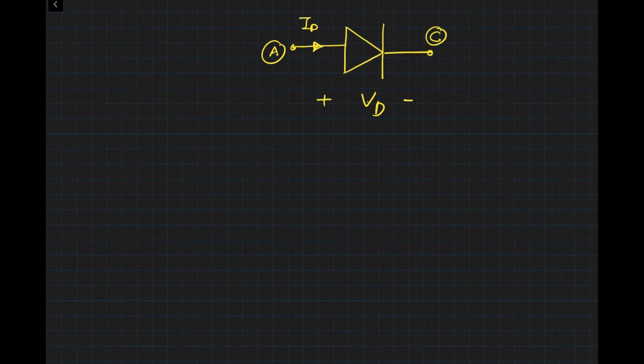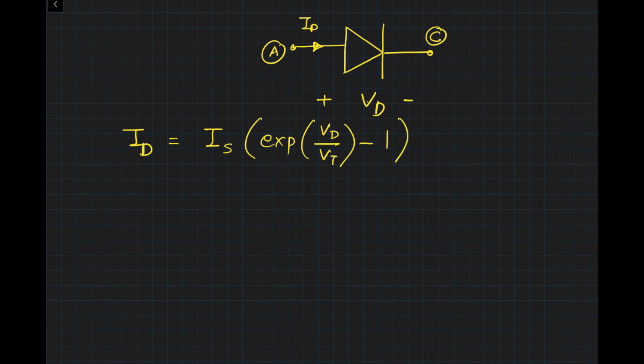So as I said earlier, the diode current is given by IS exponential V diode divided by VT minus 1. As I have already mentioned, VT is equal to KT over Q, 26 millivolts at 300 degree K.